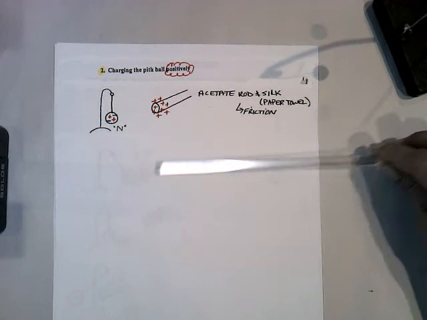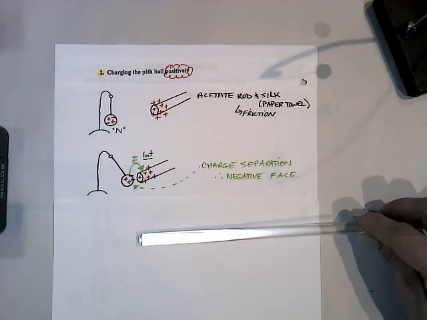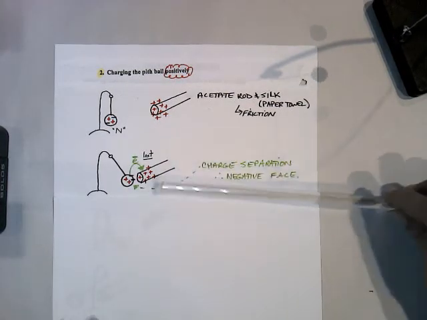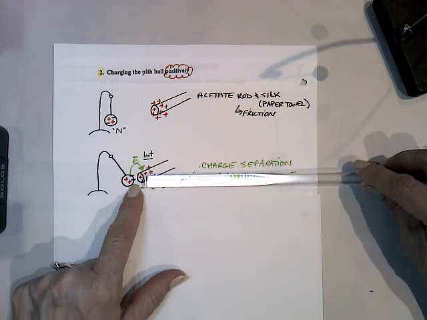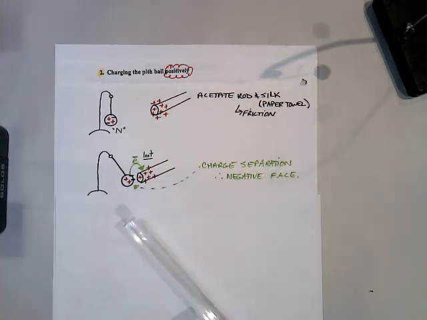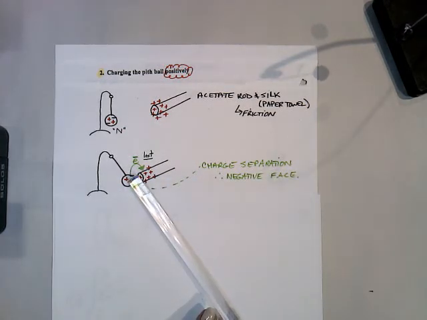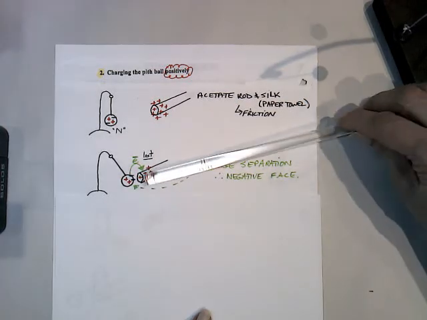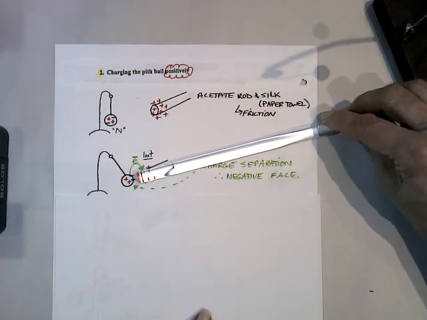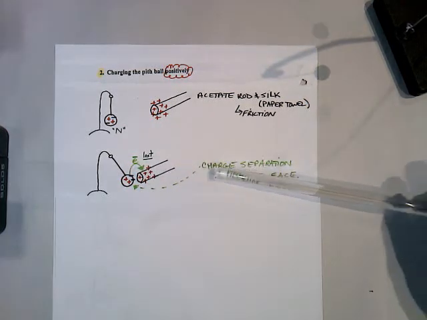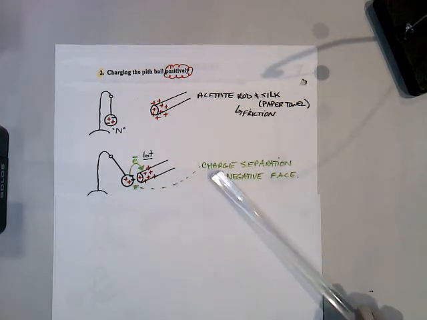What's going to happen if I bring it up close to the pith ball electroscope? Well, the electrons are highly attracted to that positive charge. So I'm trying to show you that the electrons move forward, and that draws the pith ball towards the acetate rod. And so once again, you create that effect of a charge separation.